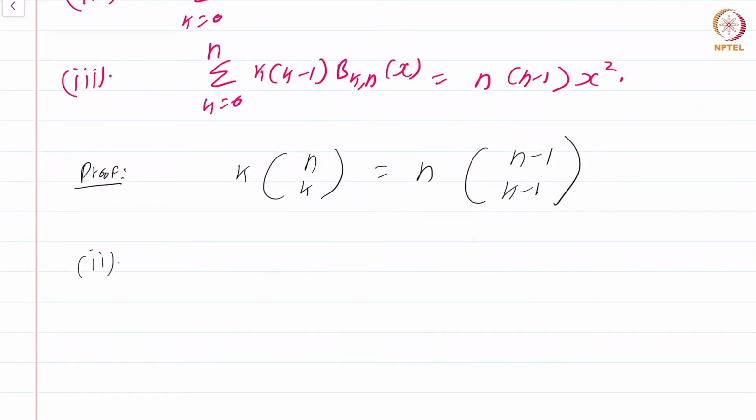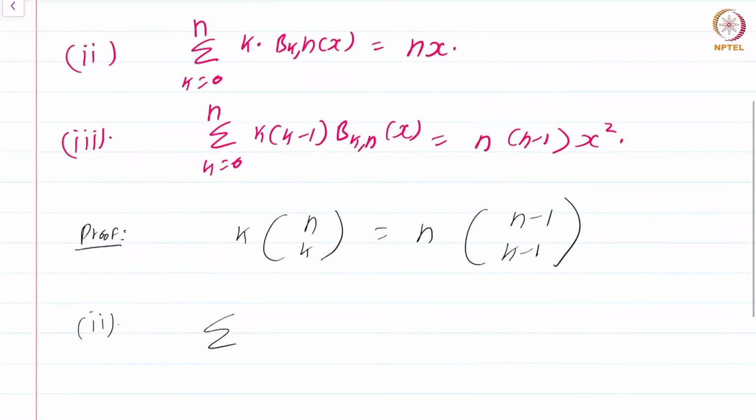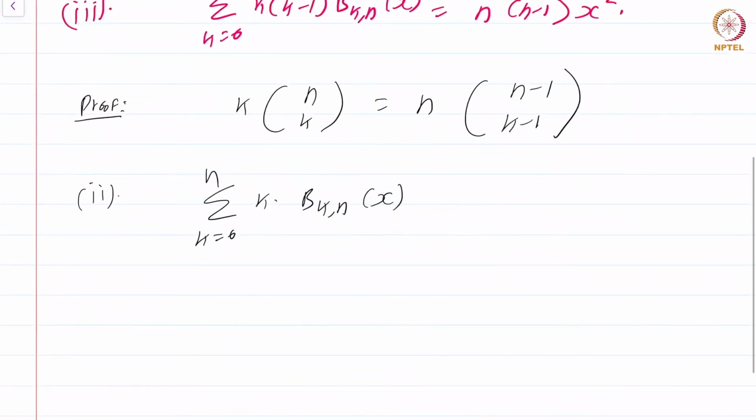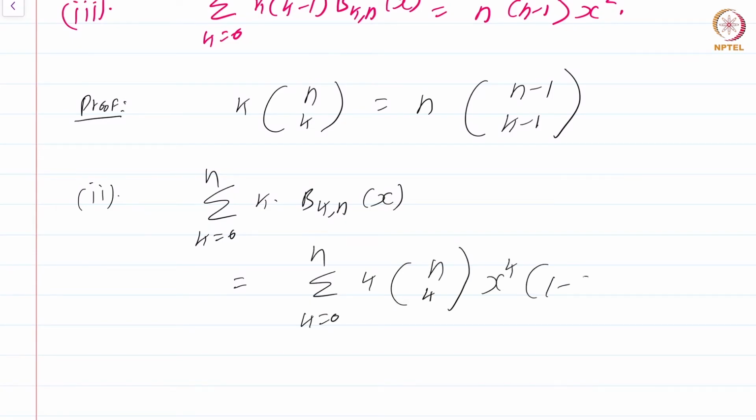The first part we have already seen a proof. So we have to consider summation k equals 0 to n of k times b_{k,n}(x). We want to analyze this quantity. Let's expand it out and write it as summation k equals 0 to n of k times n choose k x^k (1 minus x)^(n minus k).